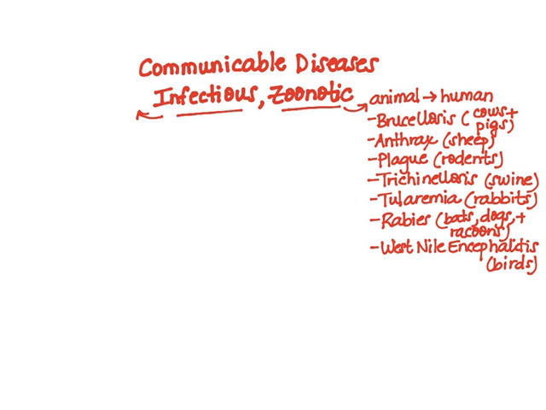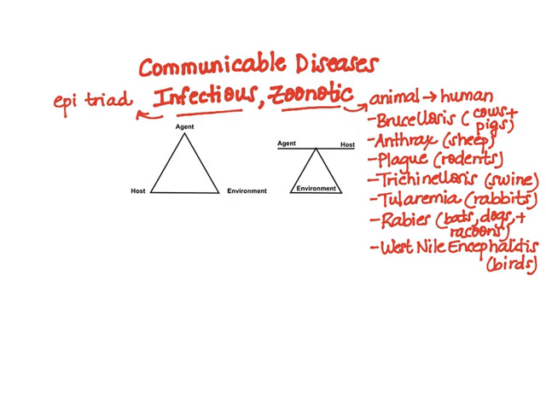Backing up and looking at the overall big picture of infectious diseases, we do have an epidemiologic triad that is used to measure the control and/or prevention of disease, which does require assessment of 3 components and their interactions. Number 1 being your agent, number 2 being your host, and number 3 being your environment.